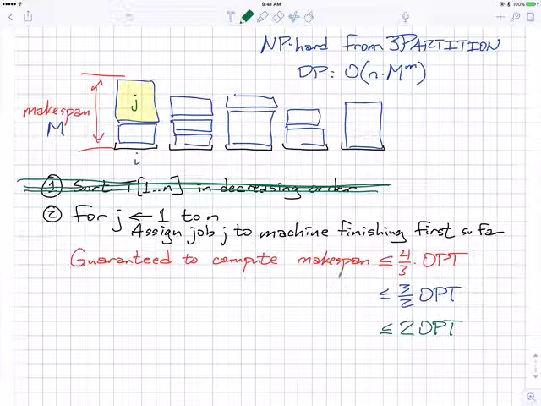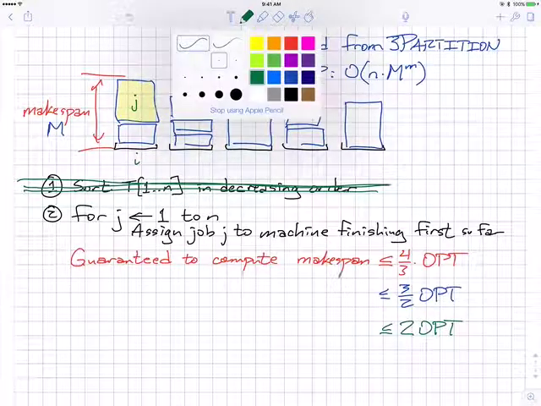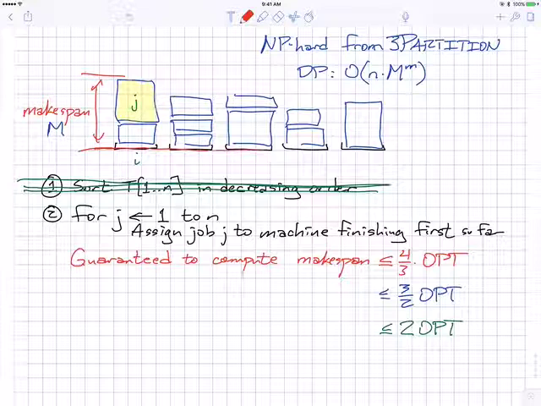And now I want to split the makespan, which I started by saying, okay, here's time 0, here's time m.